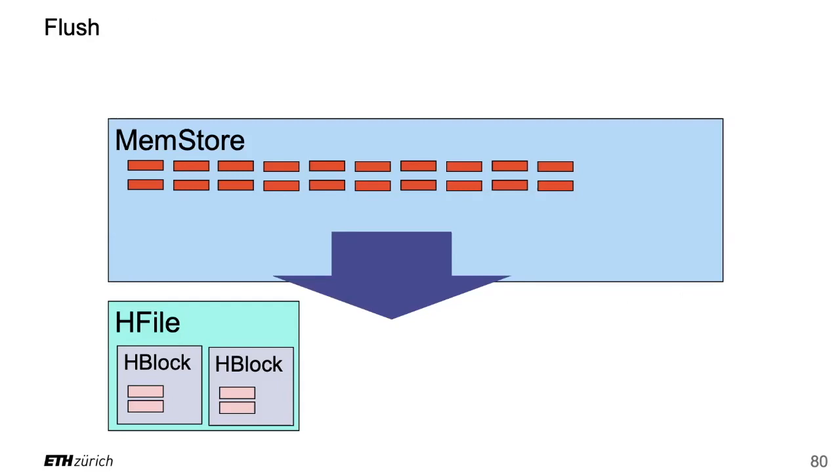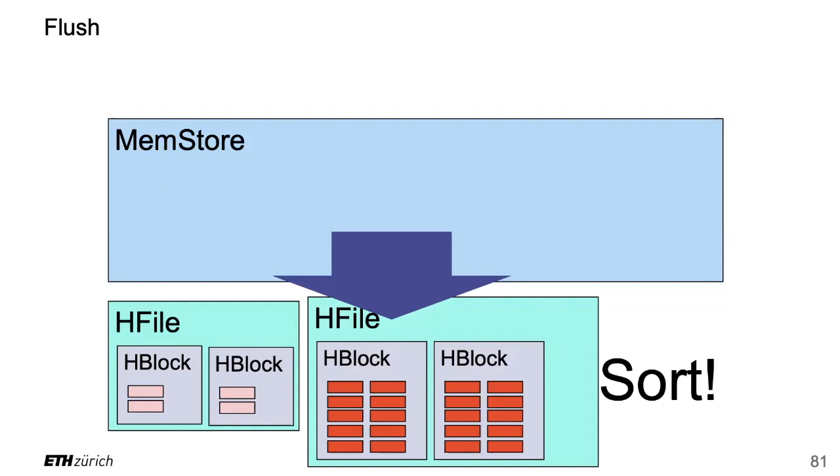I'm going to take all of these key values that have accumulated in memory in all of these updates. I'm going to sort them by increasing key. And I'm going to do something that's called flushing. I flush all of these key values to disk. And again, I sorted them in memory.